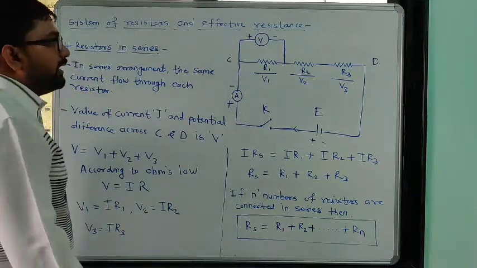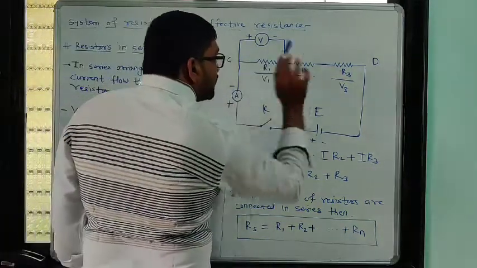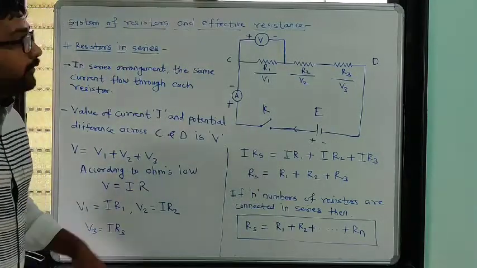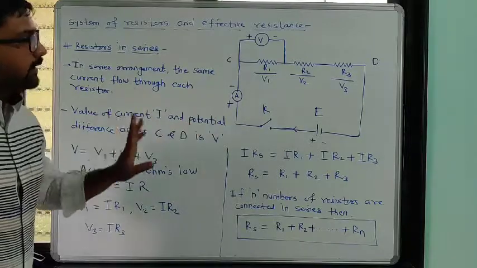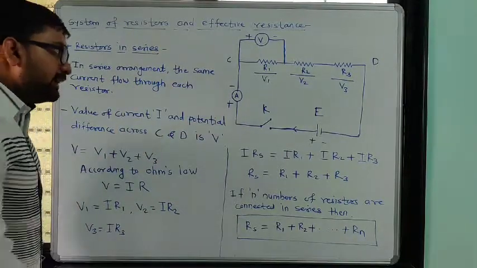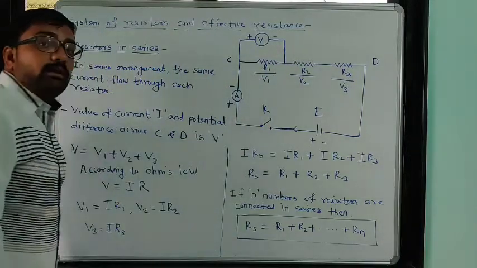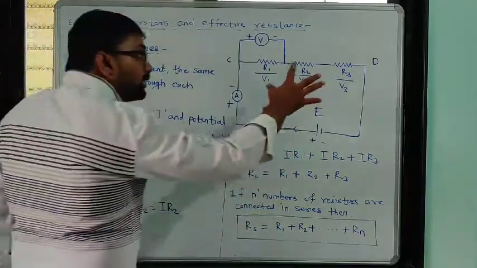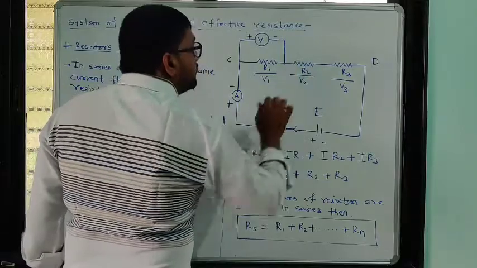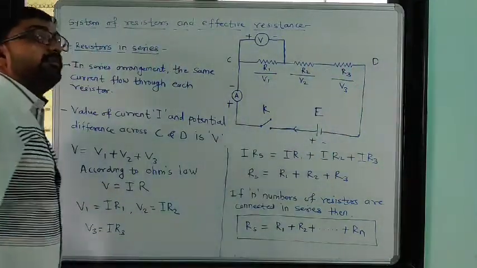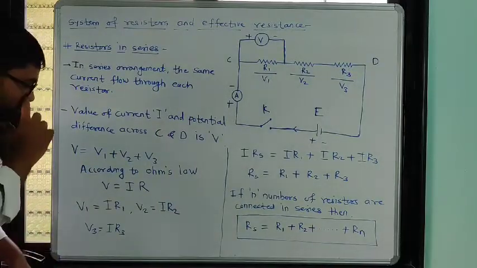But now here, I is the same current flowing through each resistor, and the value of the resistor is different, R1, R2 and R3. Then across the first resistor R1, what will be the potential difference? Across R2? And across R3? That we have to find out.